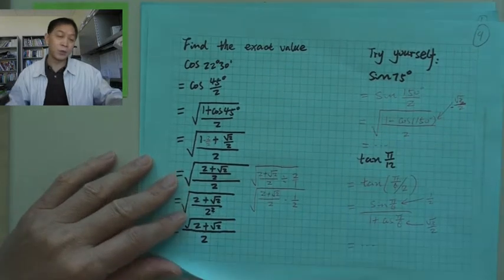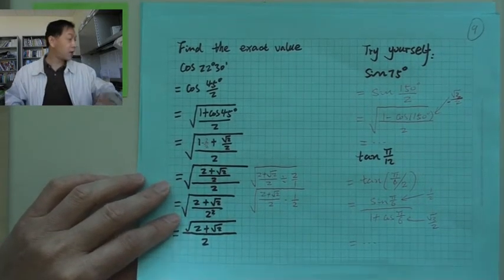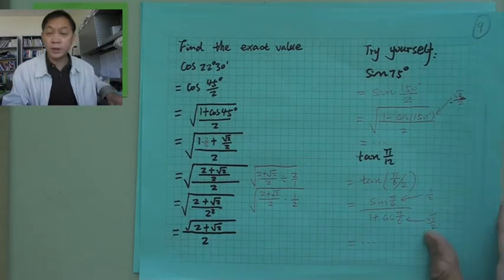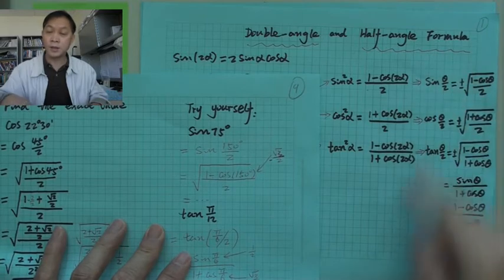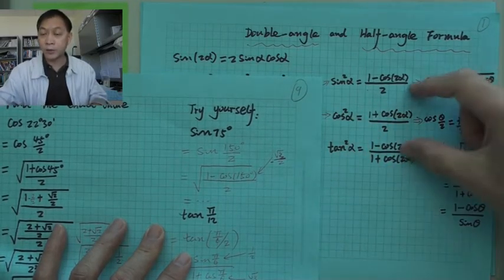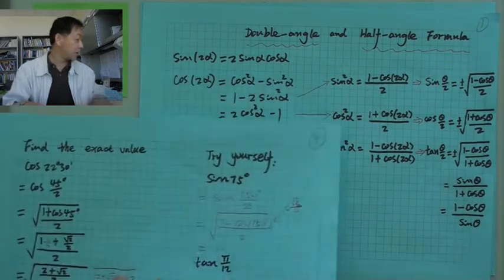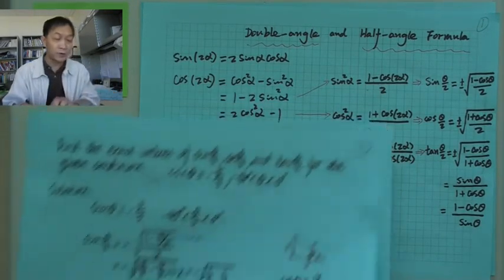Next time, we'll do more examples. This time, again, what we did is half angle formulas. We have derived how we got those formulas, and we did how many examples?